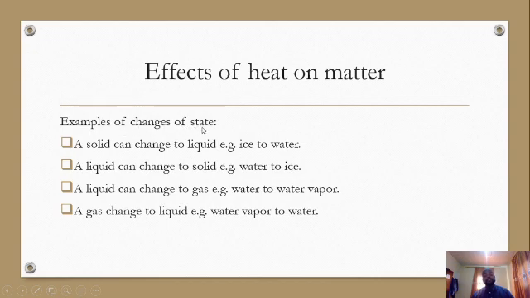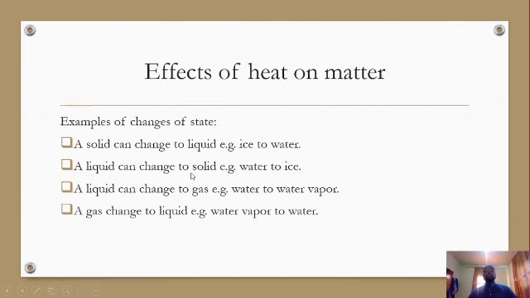Examples of changes of state. A solid can change to liquid, like ice to water. For example, if you have ice in a cup and put it in the sun, or close to a source of fire, it will change from ice, which is solid, to water, which is liquid, right?